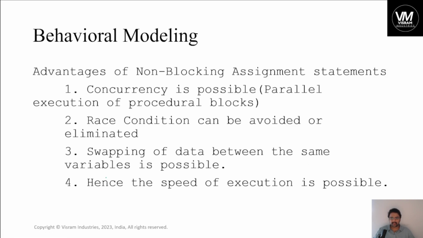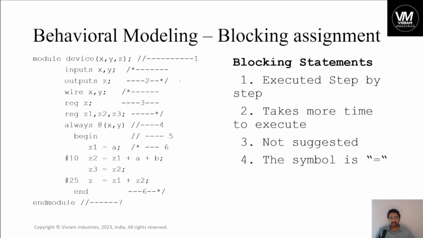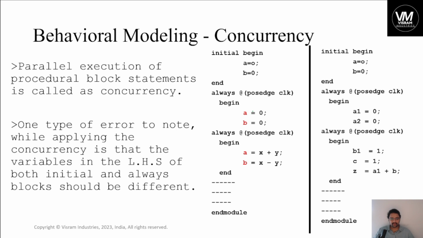So coming to the advantages of behavioral modeling assignment statements. Concurrency is possible. That means parallel execution of procedural blocks. If you can see these always blocks, if you write these assignment statements here, they will be executed at the same time, not in a sequence.